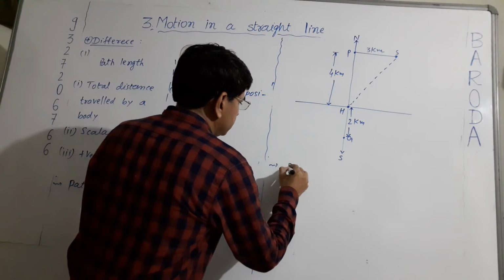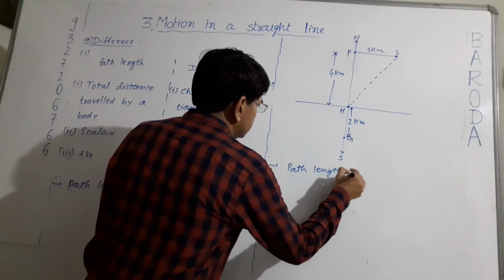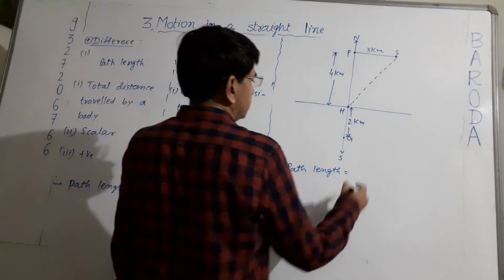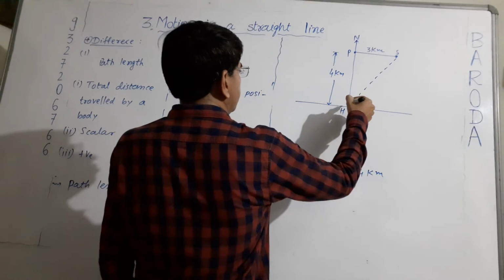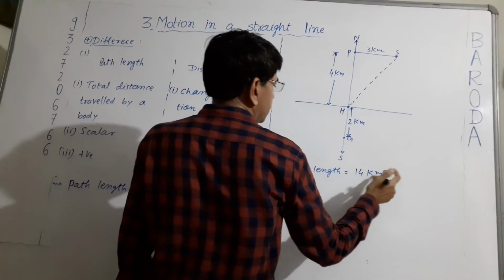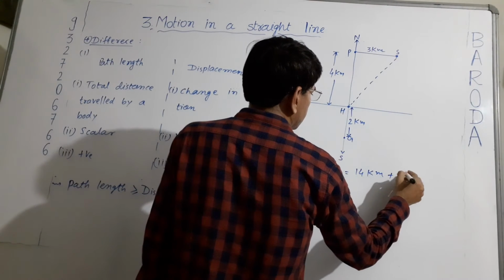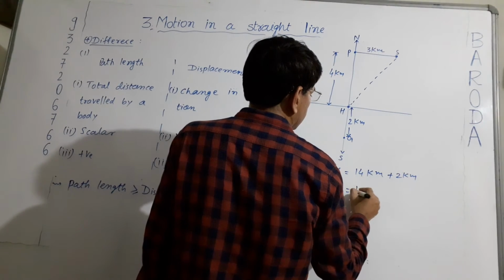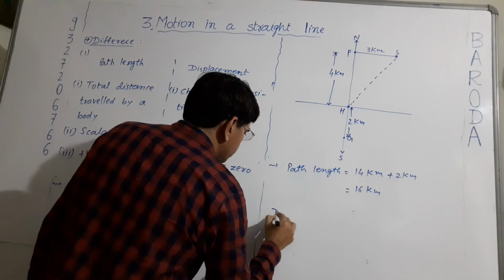So path length during the whole journey will be 14 kilometers, 4 plus 3, 3 plus 4, that is 14 kilometers, plus home to playground, that is 2 kilometers. It is 16 kilometers. And what will be displacement?